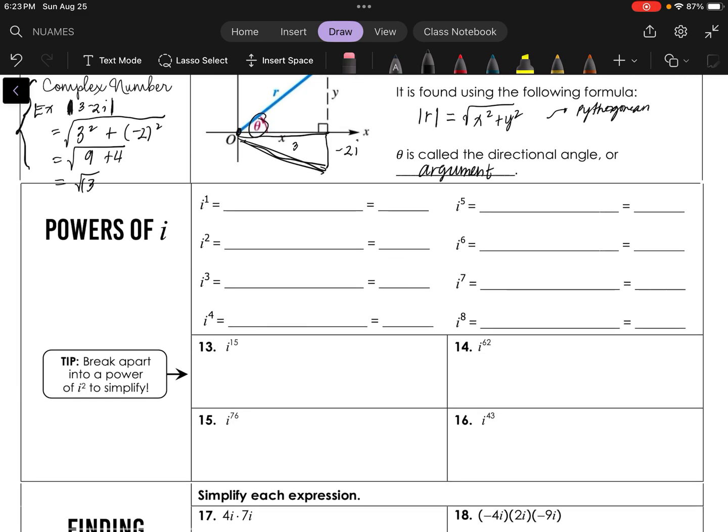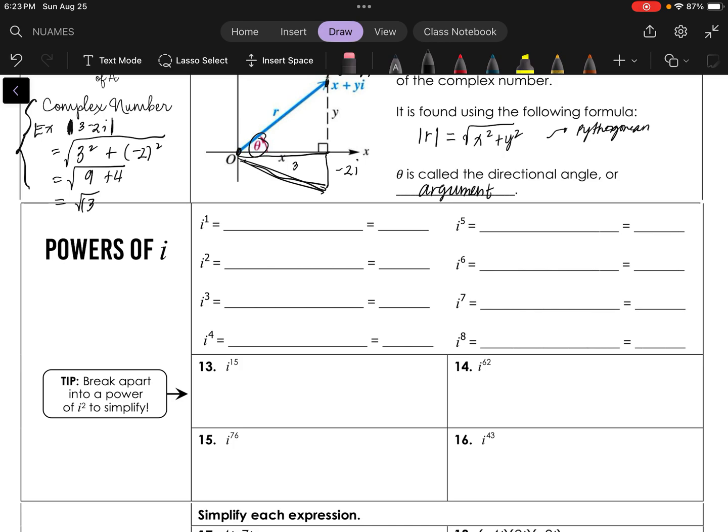Okay. Now we're moving forward with the powers of i. Powers of i is simply observing how the values change for i. Always remember that when you simplify the form a plus bi, you end up having only i. So if there are powers for the i, you have to simplify that.